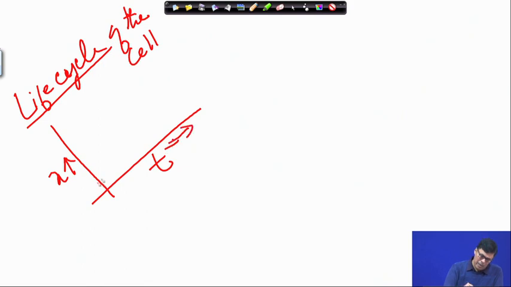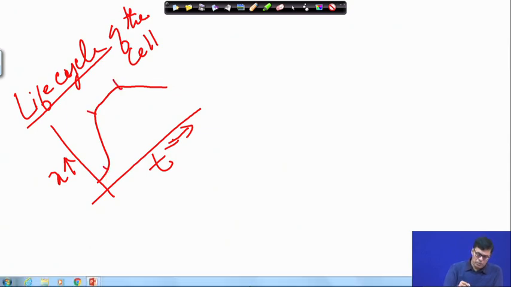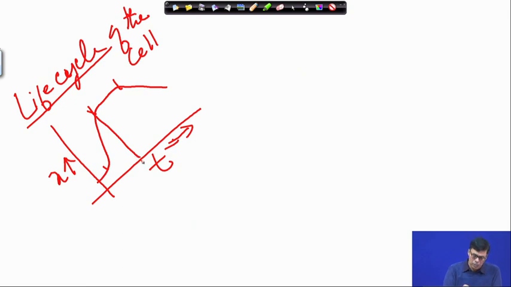So, we will be having this: this is lag phase, this is log phase, this is stationary phase, and this is death phase. So, the question is, in this problem, what is the time required to reach the stationary phase. So, we shall have to find out this value T1.